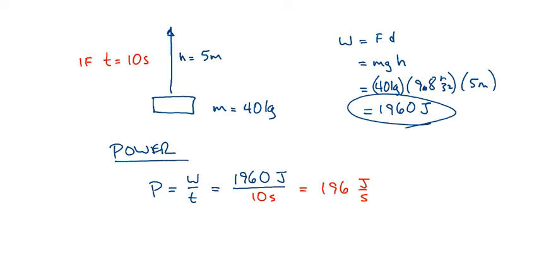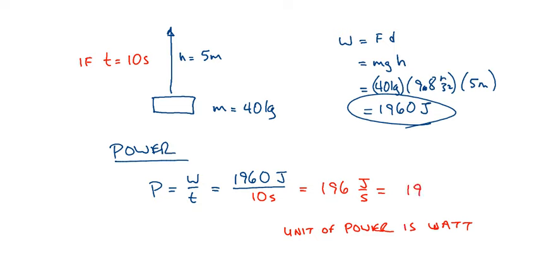This also has a special unit. The unit of power is referred to as the watt. It's named after James Watt, who invented the steam engine and changed the world, literally changed the world by making machines that could do work for us, so that we're not all standing around hoeing corn.